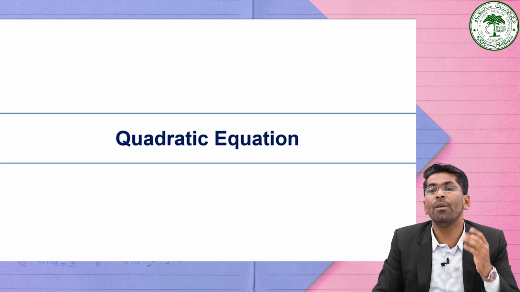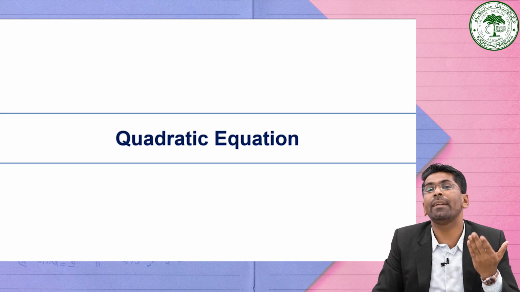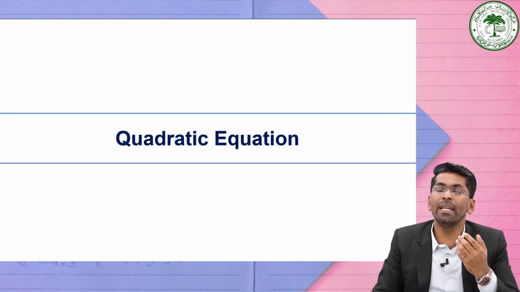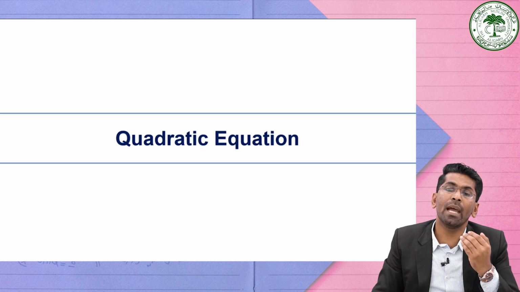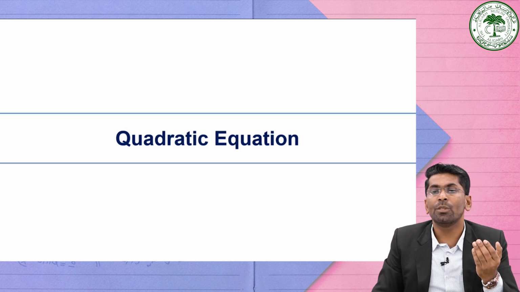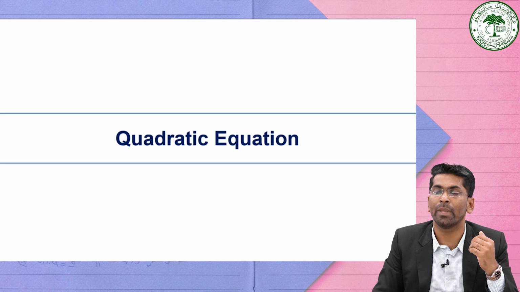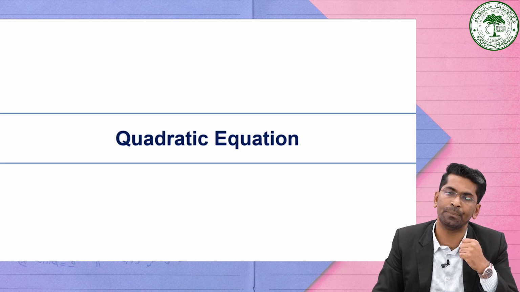However, in the case of a non-linear equation, the degree of the variable is greater than 1, which means that the variables may appear with a power, like x square, or maybe x cube, or maybe x raised to the power 4. So a non-linear equation does not form a straight line as in the case of a linear equation when you plot it on graph paper.